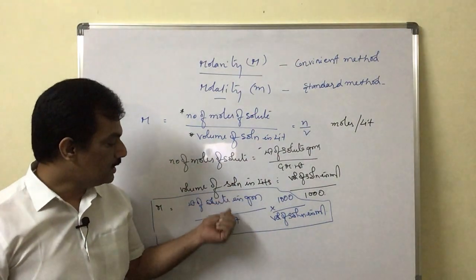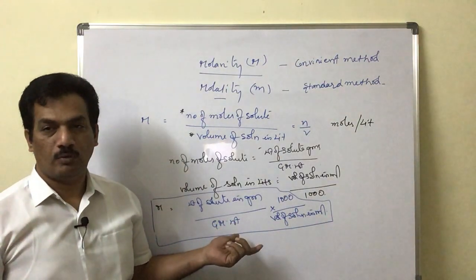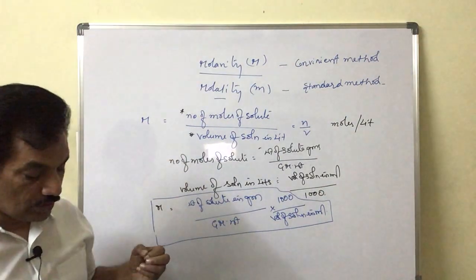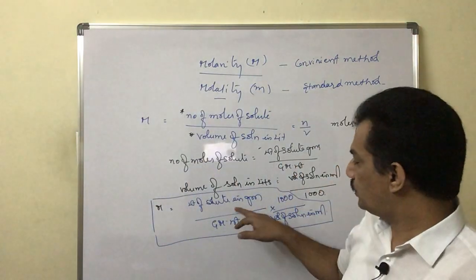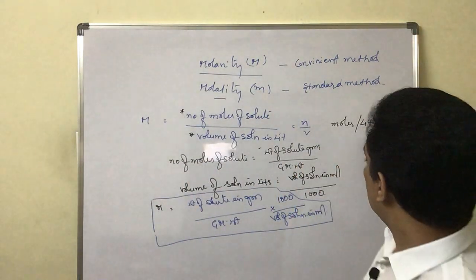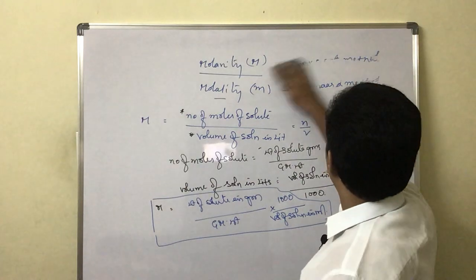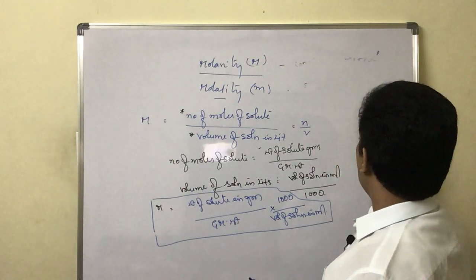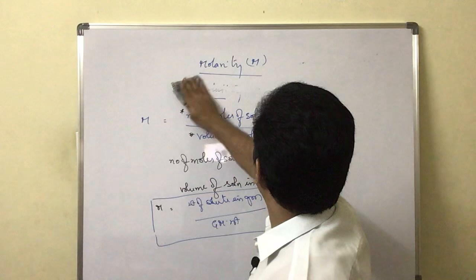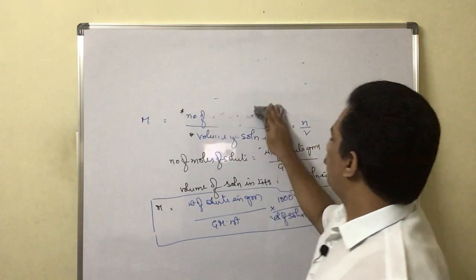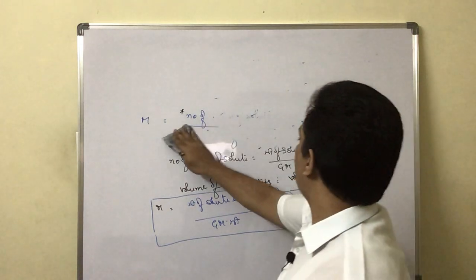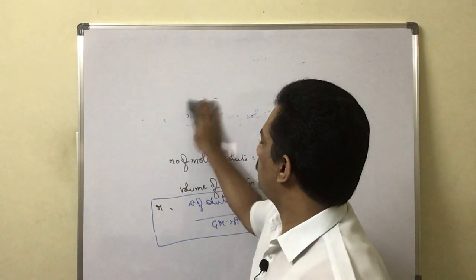Now some other options. Sometimes they may directly provide the number of moles, and the volume of solution will be given in milliliters. In such a case, how will this formula change? When the number of moles of solute is given, we can directly substitute that value in the final formula.